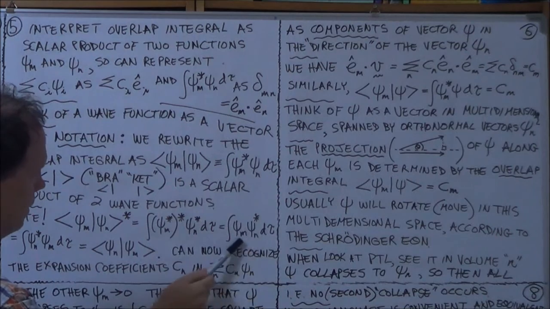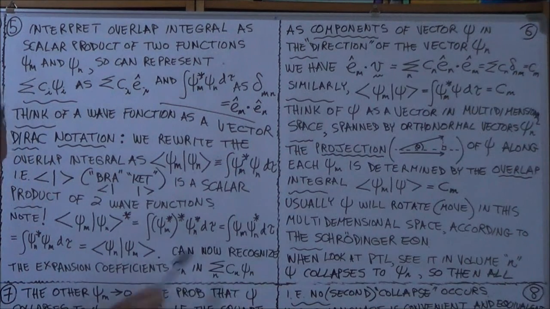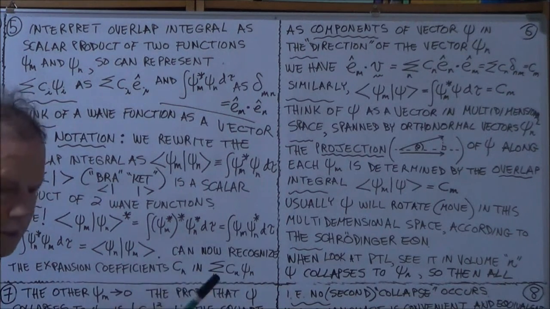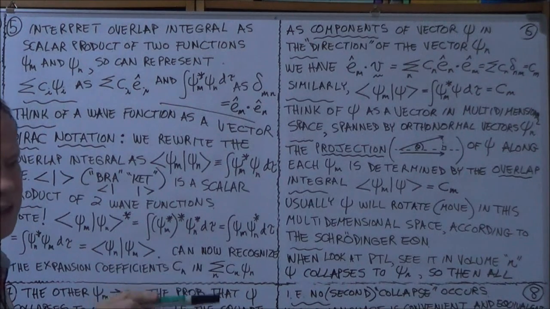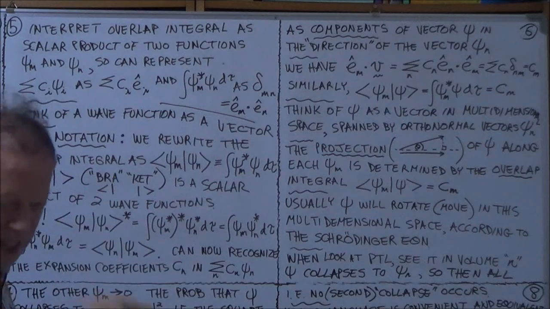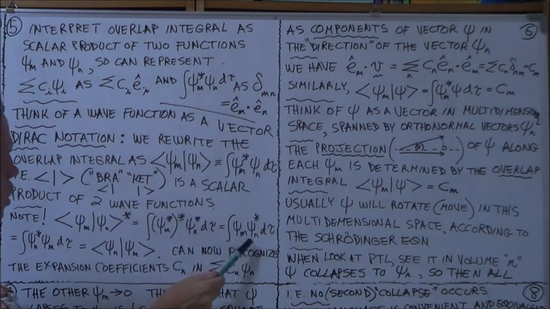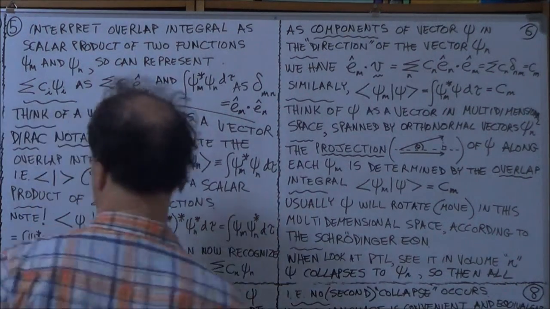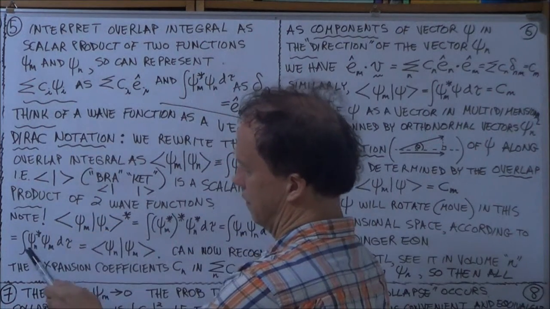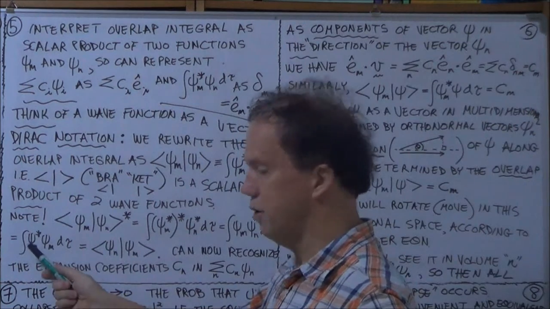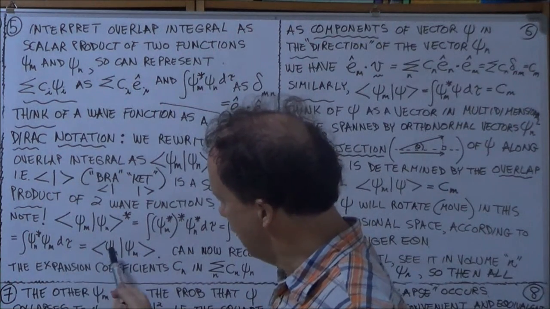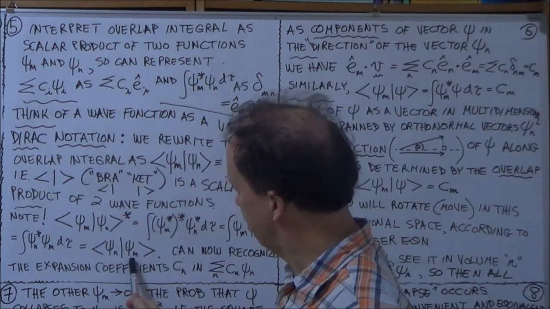But these are just complex numbers, so complex number z1 times z2 is the same as z2 times z1. So you can just change the order of these 2, and then you get this. But this, by definition in terms of bracket, is n, m.